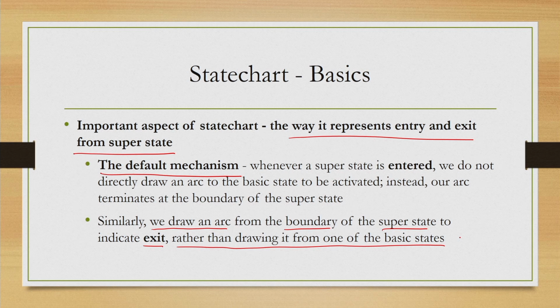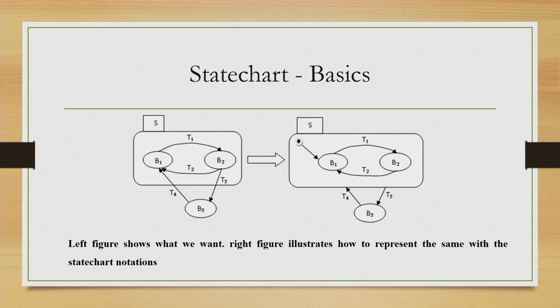So, when we want to indicate exit from the superstate, we do not directly draw an arrow or an arc from a particular basic state to outside of the superstate. Instead, from the boundary of the superstate, we draw the arc. The idea is illustrated in these figures.